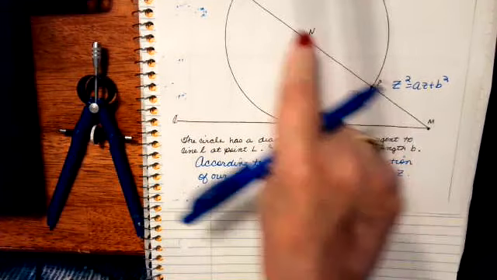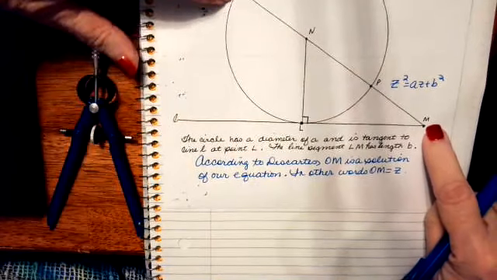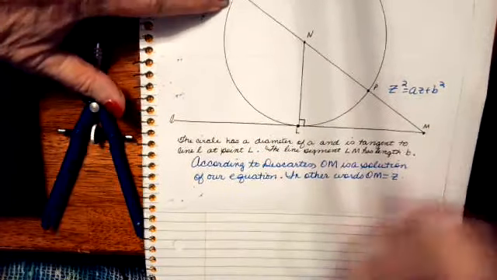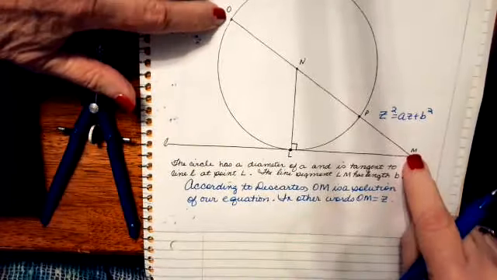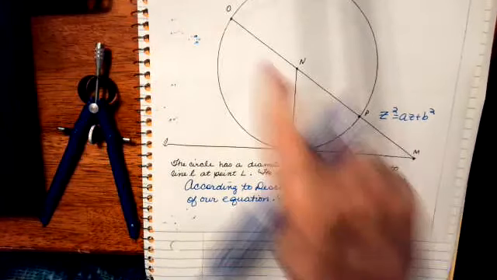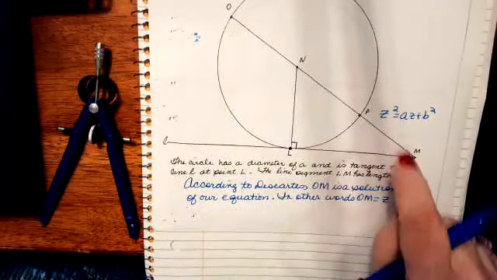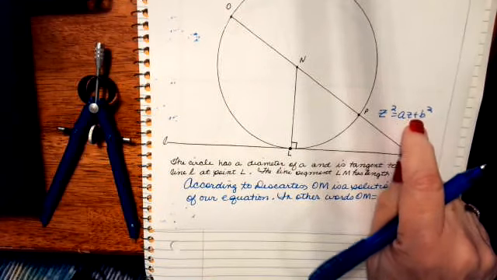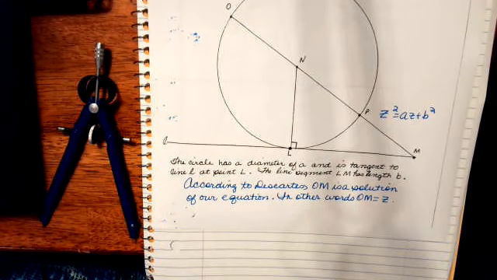What I want to do is figure out some way to express the length of that line segment right there. O to M is that long line segment right there. I want to figure out how to represent that length in terms of the coefficients of the equation that I started with.